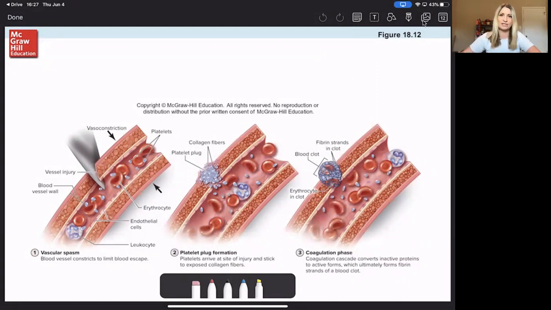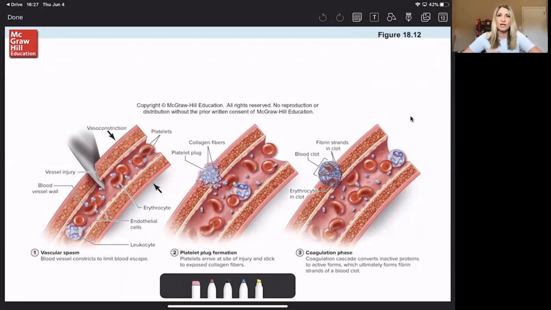This is figure 18.12 from your textbook, and we're just going to be referring to this as we're talking. The first phase of hemostasis is vascular spasm. Hemostasis is initiated whenever a blood vessel is damaged. Some kind of damage occurs to the blood vessel, the vessel is broken and blood starts escaping.